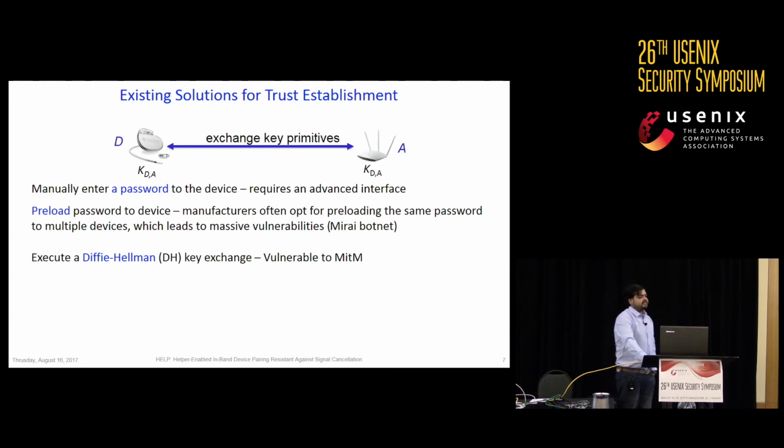Or we can execute a Diffie-Hellman key exchange, but this is vulnerable to man-in-the-middle attack, as A and D cannot verify the integrity of the key primitives exchanged.